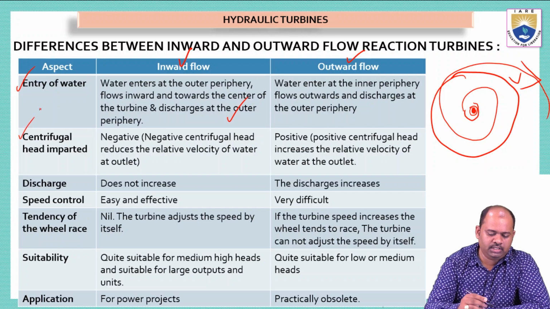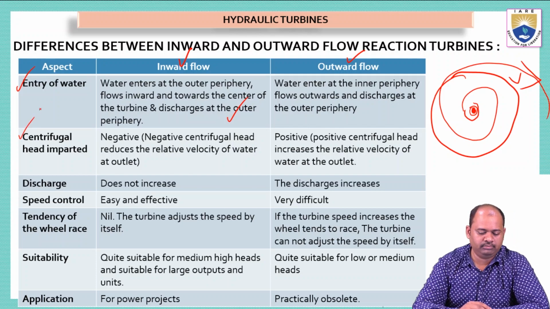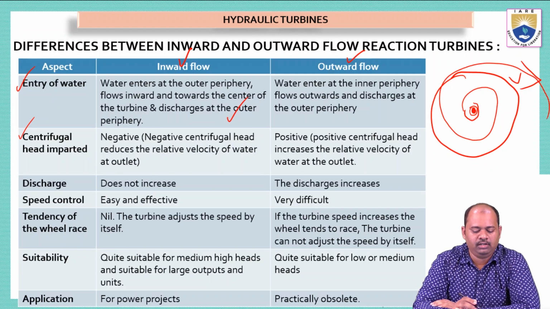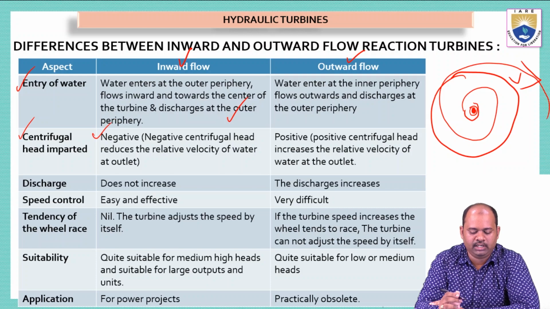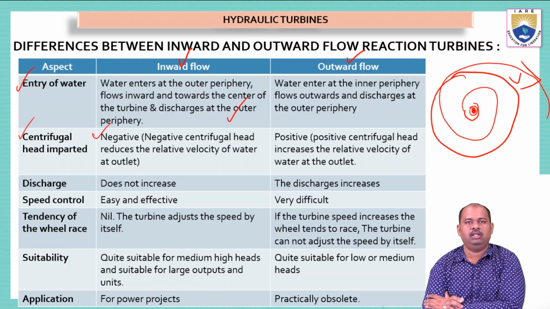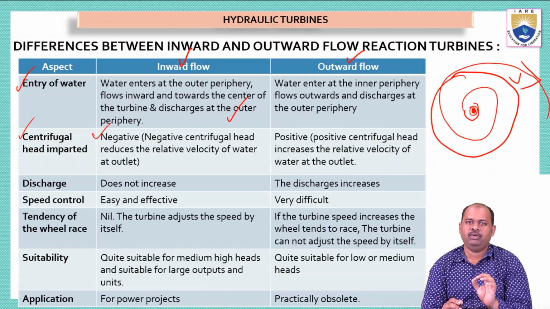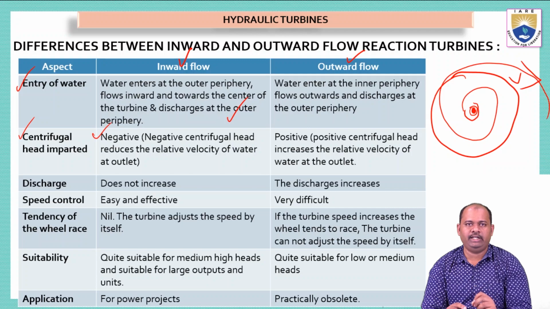When we consider the centrifugal head imparted, in inward flow the centrifugal head will be negative. Negative centrifugal head reduces the relative velocity of water at the outlet. The centrifugal head imparted in the inward flow turbine is always negative, because the water is flowing from the outer periphery to the center of the runner.